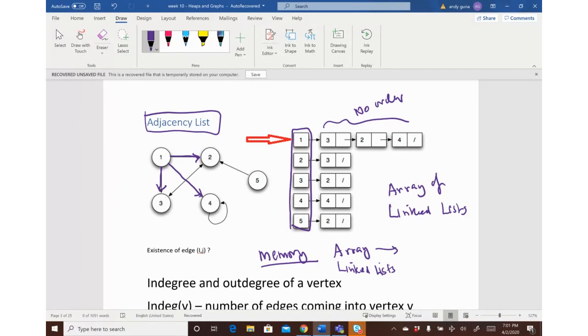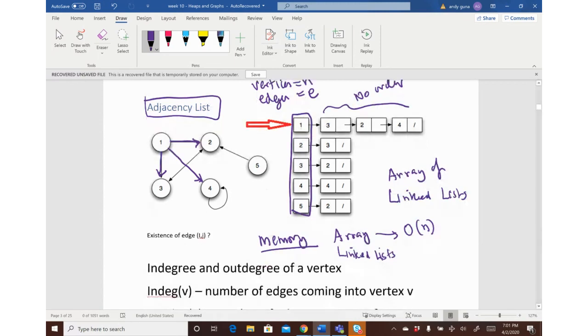Let's assume that the number of vertices is given by n and the number of edges is given by e. So how much memory do we need to store the array? We need memory in the order of n, because that's the size of it.